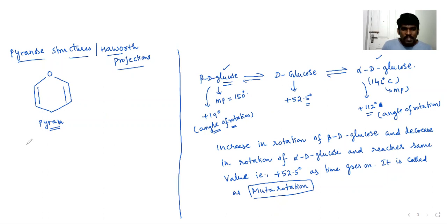See, the same pyran ring can be given like this. This is the pyran ring. Okay. So now we are giving alpha-D-glucose as well as beta-D-glucose in the form of pyranose structures.